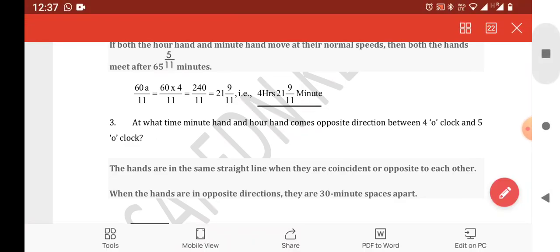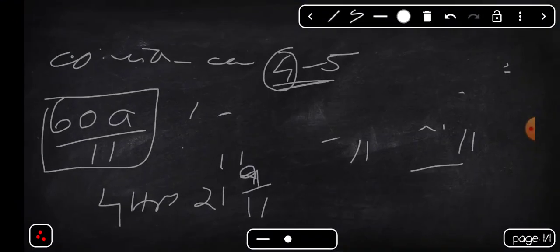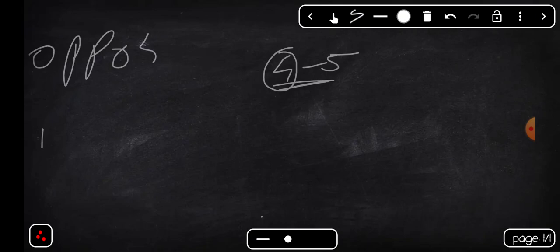Opposite direction. Okay, let us see the blackboard first. Opposite direction means the minute hand and hour hand are 180 degrees apart.